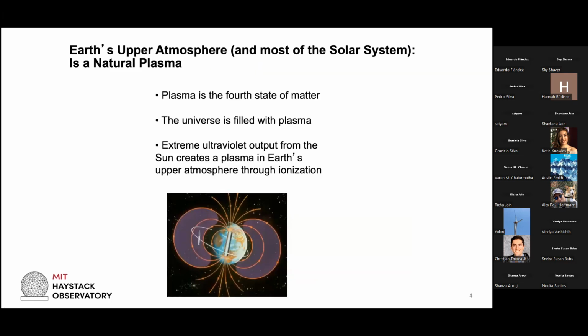The Earth's upper atmosphere and most of the solar system is a natural plasma. Plasma is like the fourth state of matter, and the universe is filled with plasma. Ultraviolet output from the sun creates a plasma in our upper atmosphere through ionization, and the ionosphere is an ionized region of the Earth.